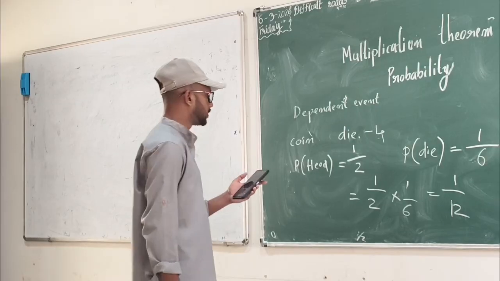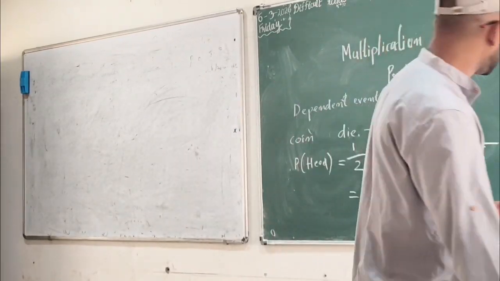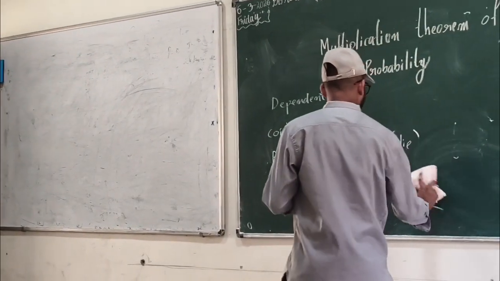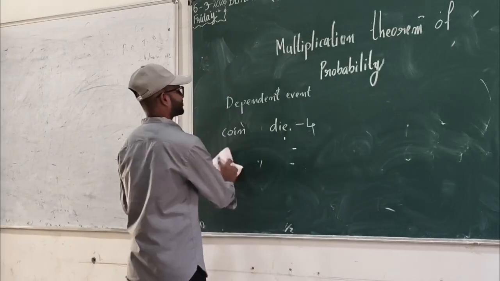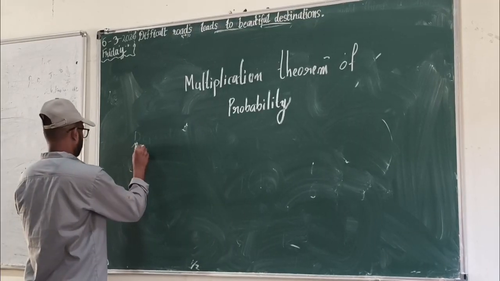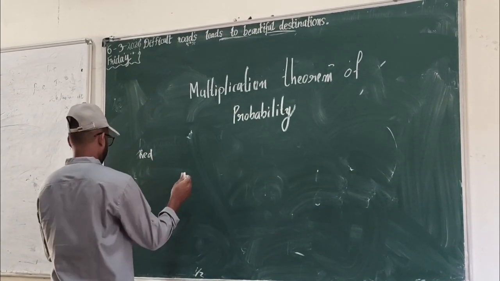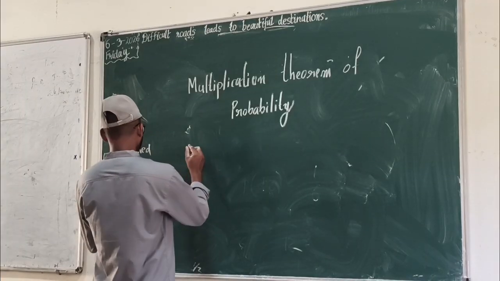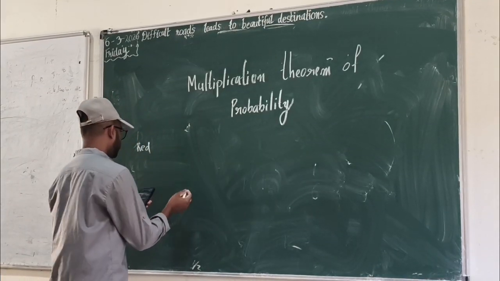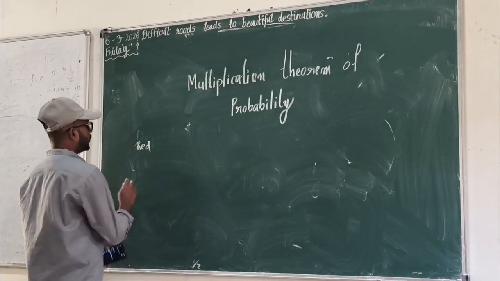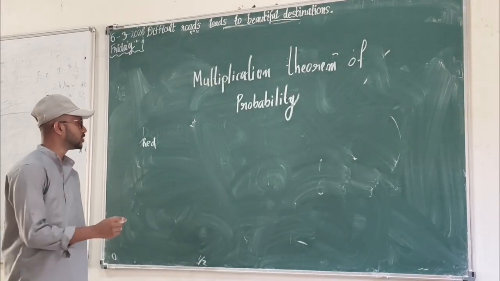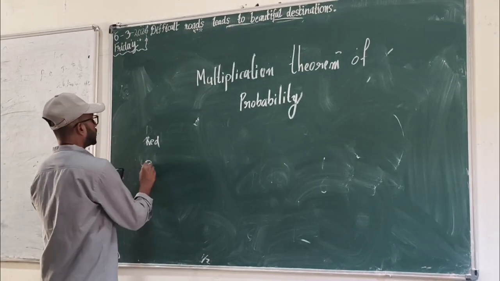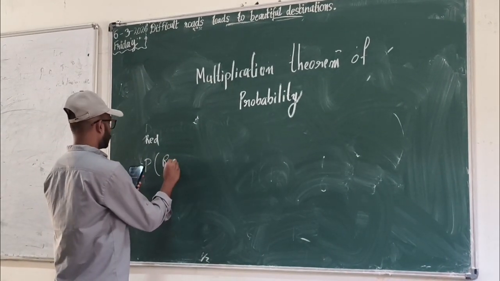First, what we can do is, we need to find the probability of getting a red ball.